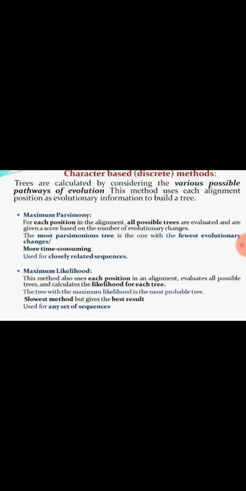The tree with the maximum likelihood is the most probable tree. In maximum parsimony, the tree with the fewest evolutionary changes is good, and here the largest is good, vice versa. It is the slowest method but gives the best result and is used for any set of sequences.